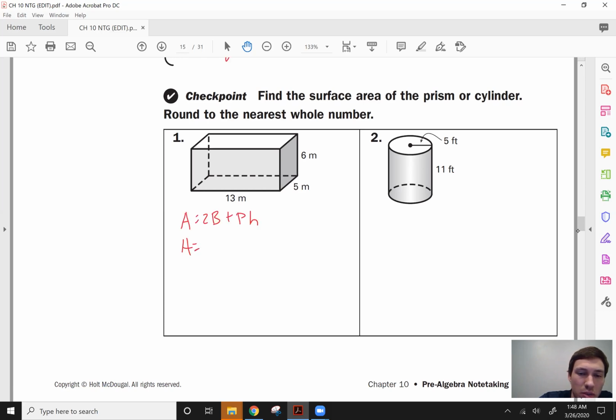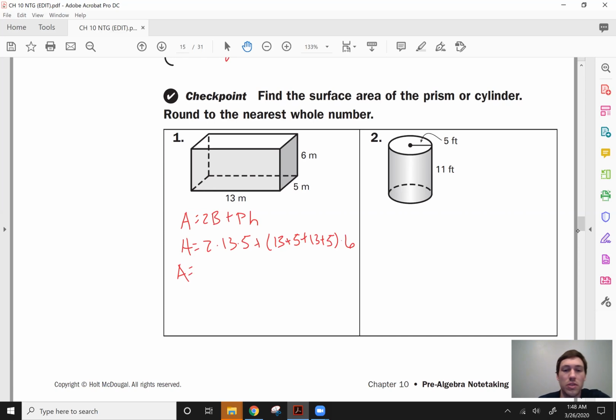So area equals 2 times the area of the base, which is going to be 13 times 5, plus perimeter, which is 13 plus 5 plus 13 plus 5 times the height, which is 6.